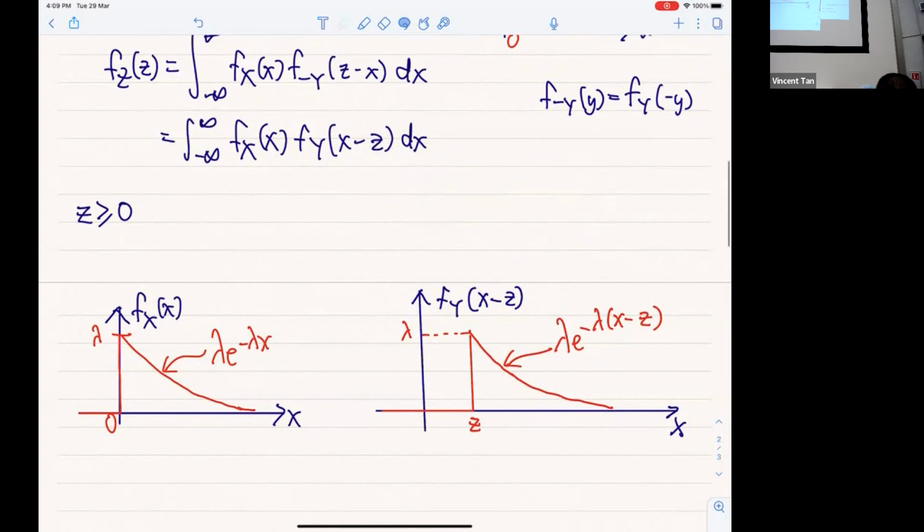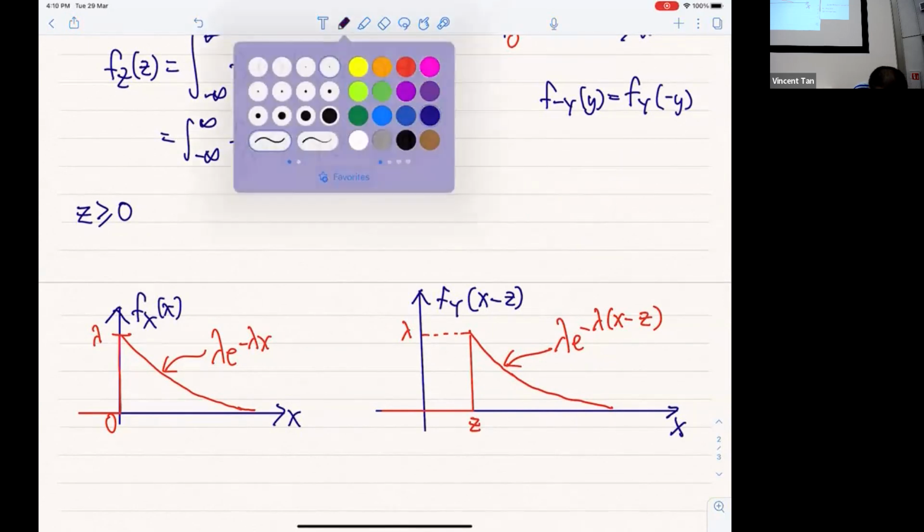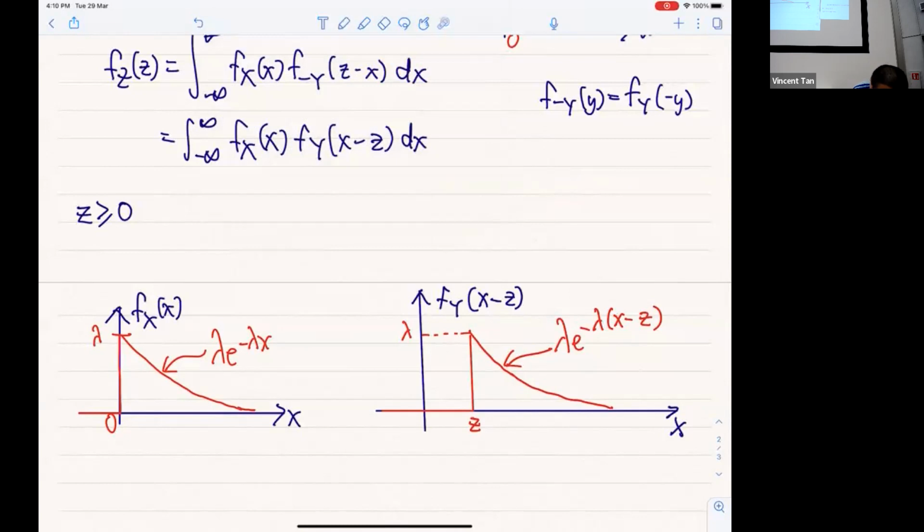So we have now got to ask ourselves, where in the world is the overlap? When you multiply these two together, where is the zero part? The zero part is certainly the left-hand side, because 0 multiplied by 0 is still 0. Here, from 0 to z, this one is 0, so no matter what the other does from 0 to z, it is immaterial.